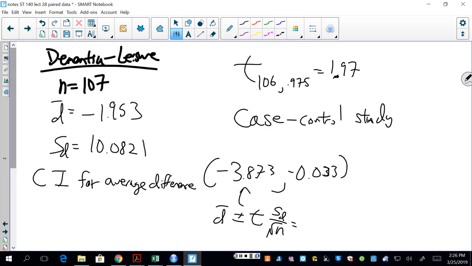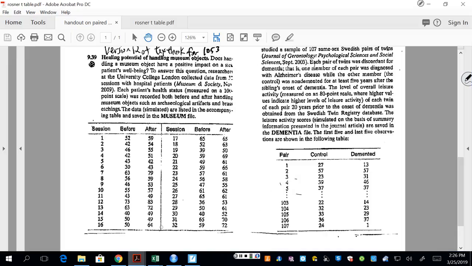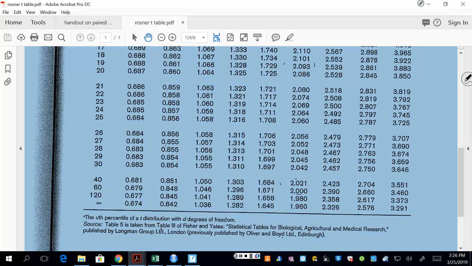Yep. So if you look at the table for Rosner's, with 107 pairs, 106 is not exactly in there, but 95% is going to be between those two. What did I say? 1.97. I should probably have said 1.99.